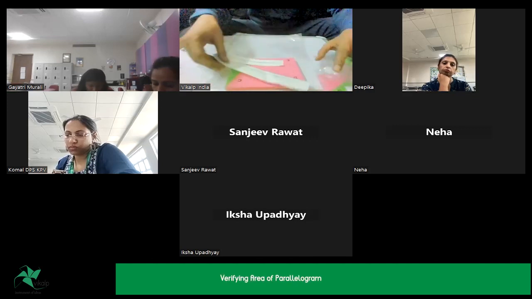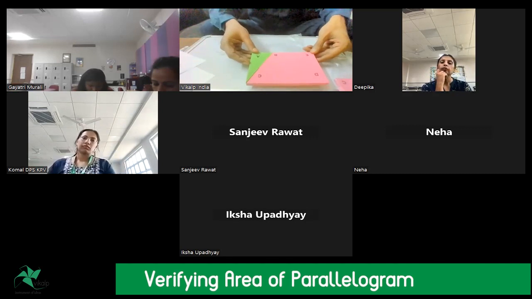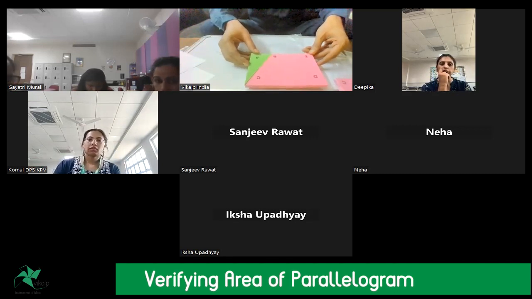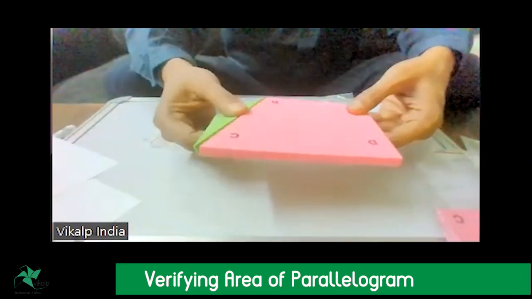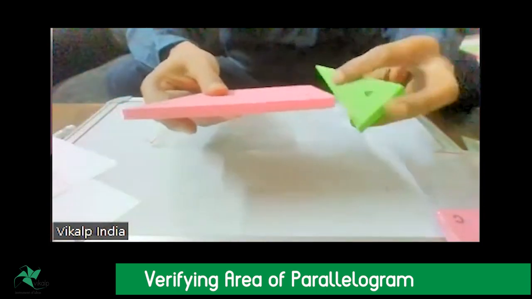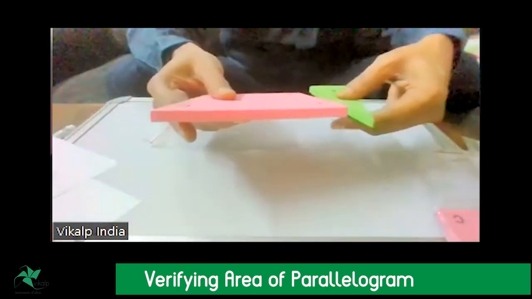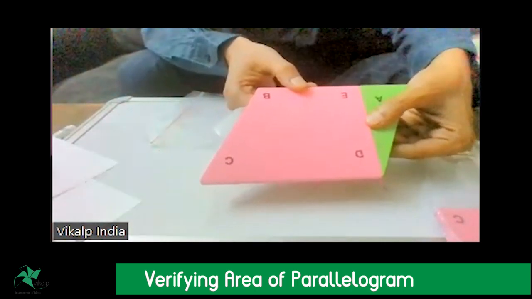This is a parallelogram. The area of a parallelogram is base into height. It is a parallelogram because, basically, if we take this out, so this is a parallelogram.